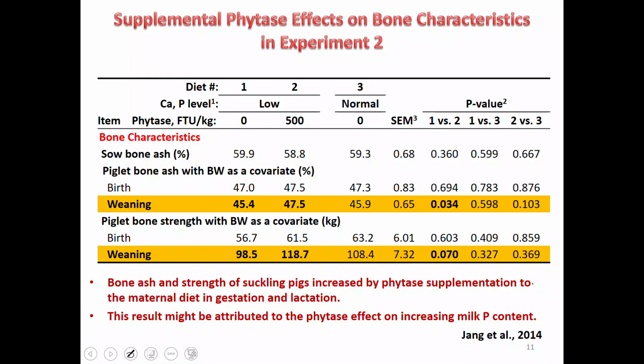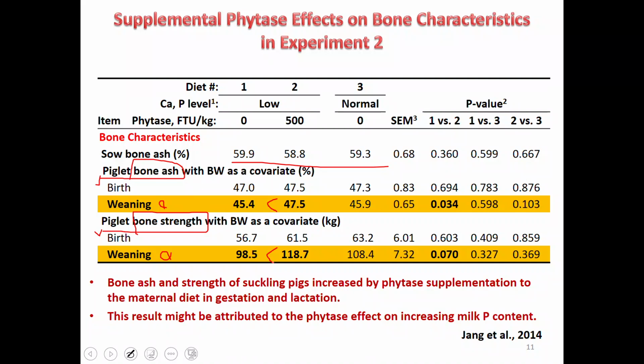And then in experiment 2, we also measured bone characteristics of sows and piglets. So sow bone ash content was not different by adding phytase in the gestation and lactation diet, but piglet bone ash content and piglet bone strength, okay, at birth, there was no significant difference, but at weaning, bone ash content increased, okay, when you supplement diet with 500 FTU of phytase compared to no phytase supplementation, and bone strength as well.